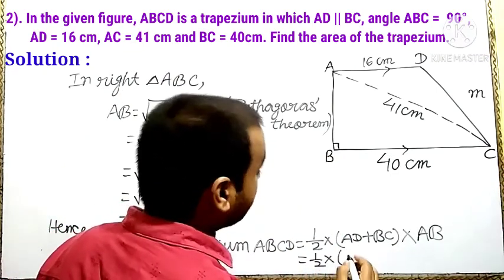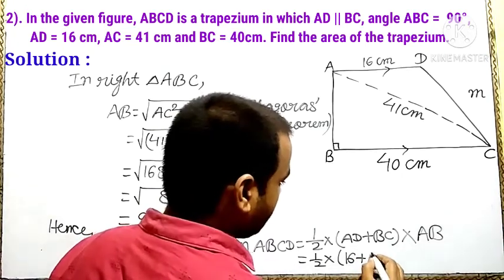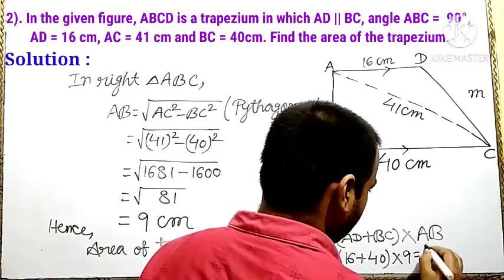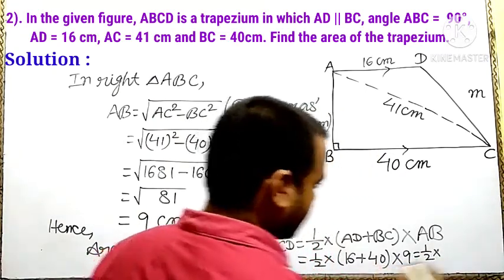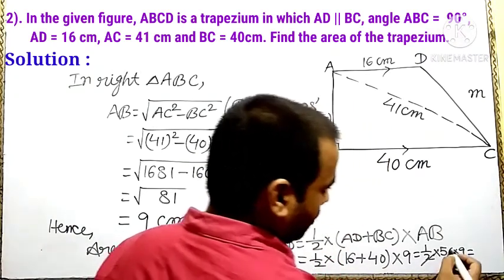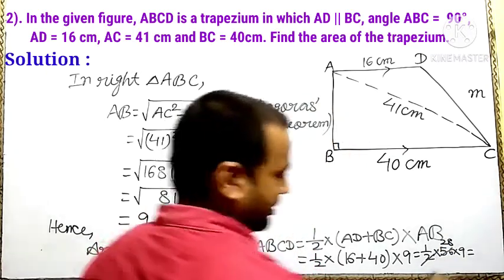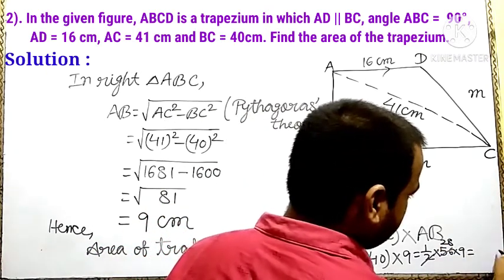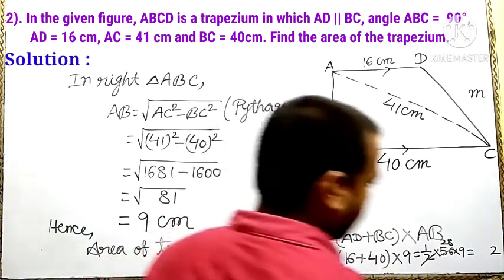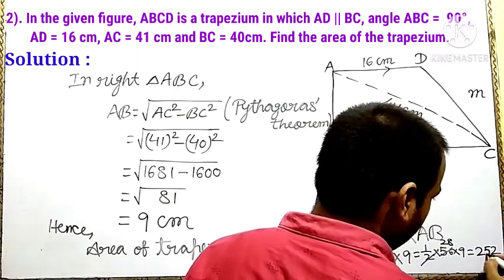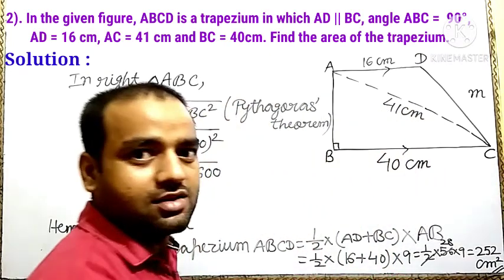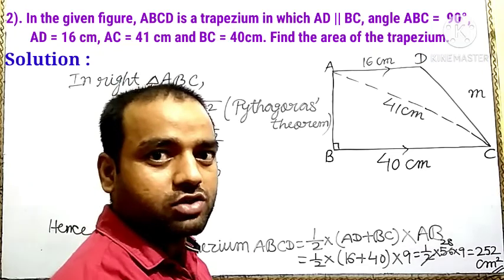Half into AD given 16 plus BC 40 into AB found out here 9 is equal to half into 56 into 9 is equal to here 28 into 9. We get 9 8s are 72, write 2 carry 7, 9 2s are 18 plus 7, 25. 252 square centimeter. This is your required answer. Is it clear? Now let us discuss question number 3.